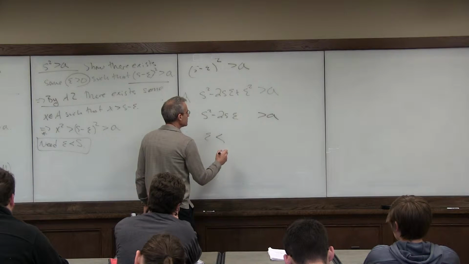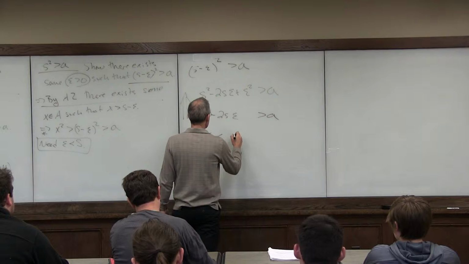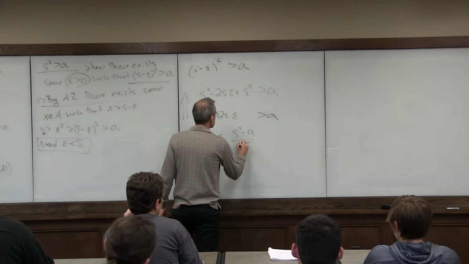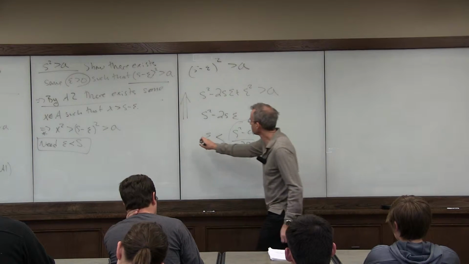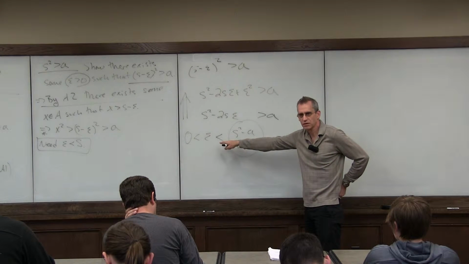Okay, so less than, let's see if I can do this. So we're kicking this, okay, so it's s squared minus a over 2s. Now, what do we need to be able to pick such an epsilon?